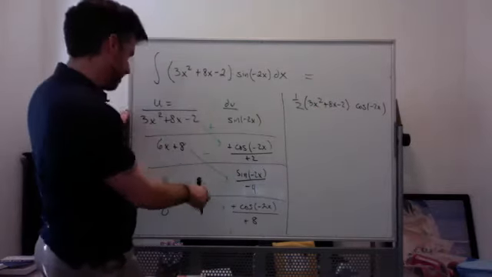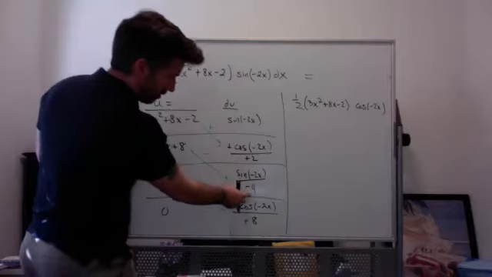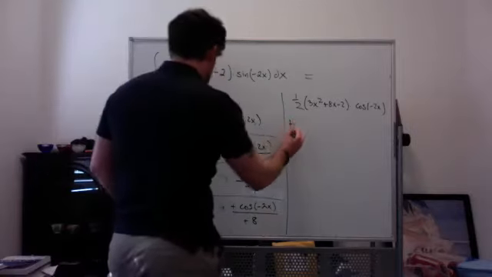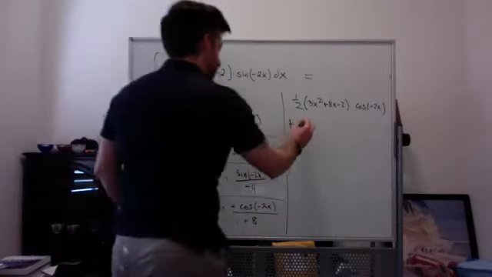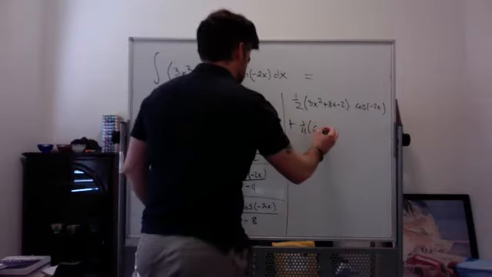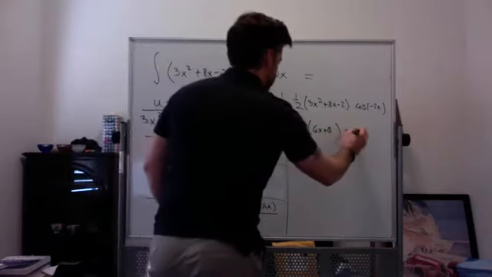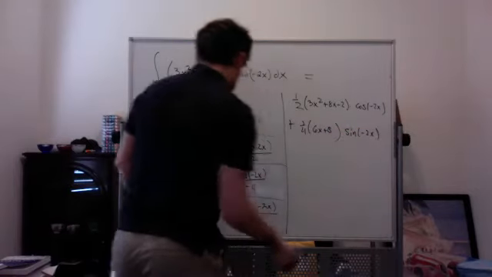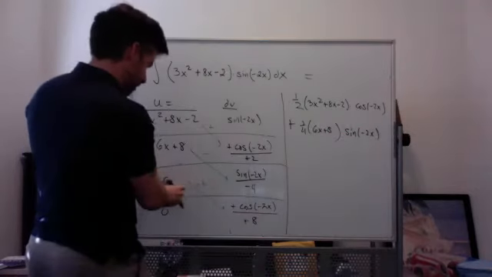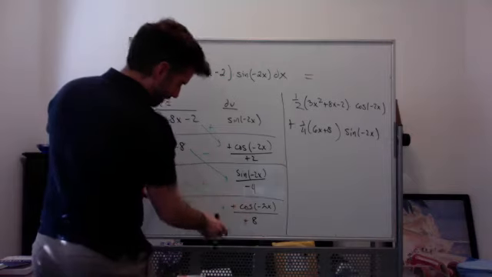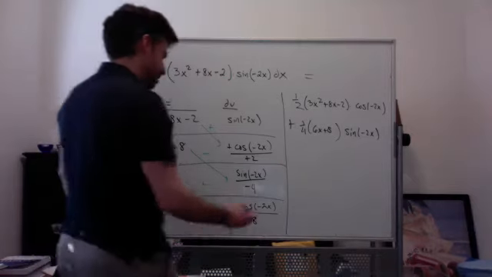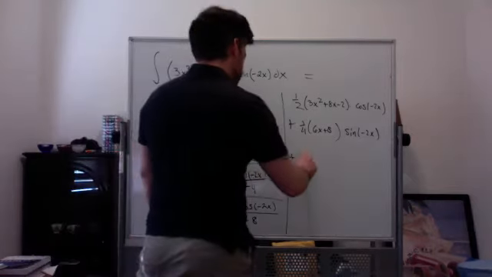The next one is going to be, let's see, I see a minus and another minus. It's going to be a plus 1/4 times 6x plus 8 times sine of negative 2x. And then I see just pluses here, right? There's no minus or minus. So I see a plus 1/8.